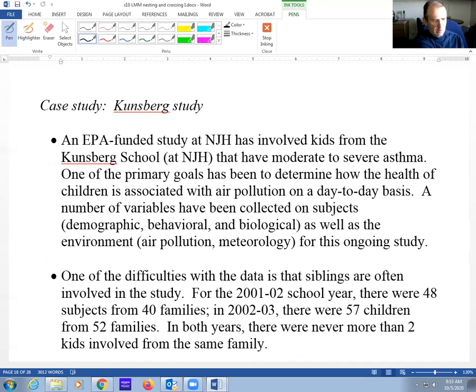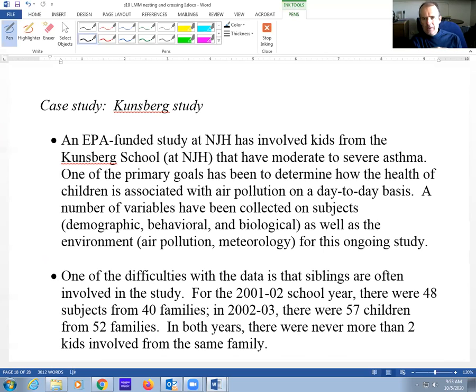Now, one of the things we talked about early on is how our general assumption for mixed models is that we have independent subjects. Well, if you have siblings, that raises a question: are they really independent or not? And even if they're not independent, you would think that if they're siblings, there's some kind of correlation going on.